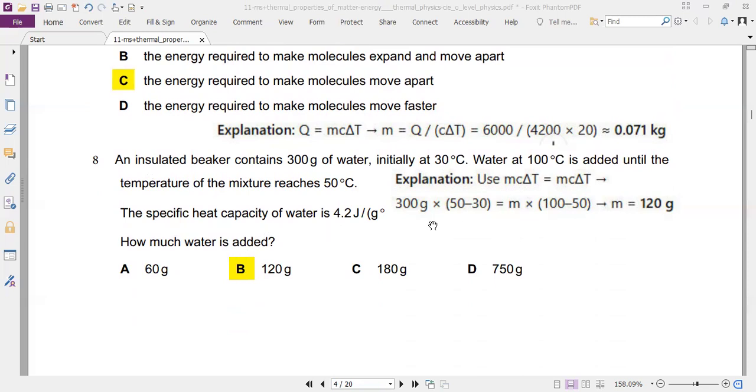So again, this numerical is not in our syllabus, but we will look at it. The amount of heat required is calculated, and then it is equated to the latent heat. So the latent heat is calculated using this, and this gives the mass 120 grams.